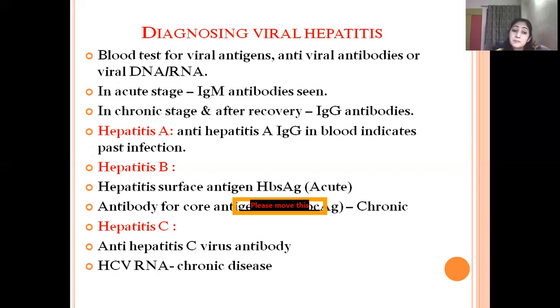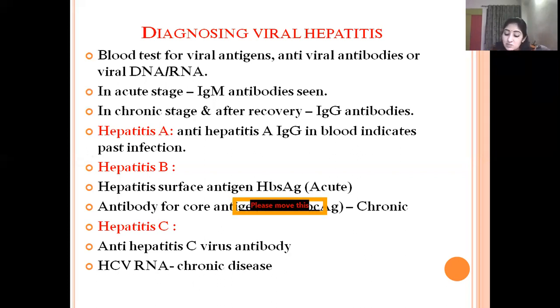If we see serological testing in hepatitis A, then we find anti-hepatitis A IgG in blood, which indicates past infection. In case of hepatitis B, hepatitis B surface antigen, that is HBsAg, is found. It is also known as Australia antigen, and this is usually found in acute viral hepatitis.